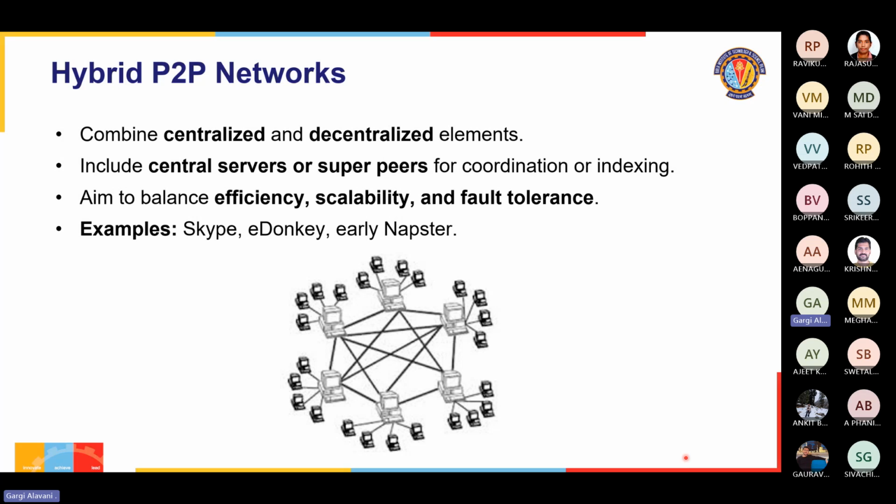So can anyone summarize or tell why we need a hybrid P2P network and why a pure P2P network will not work? Pure P2P network works, but why is hybrid better than pure P2P?